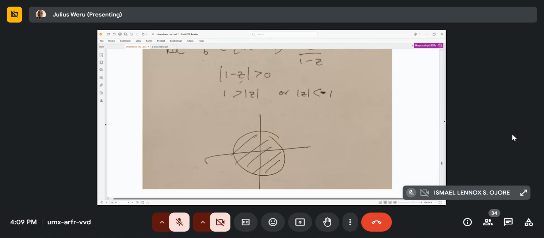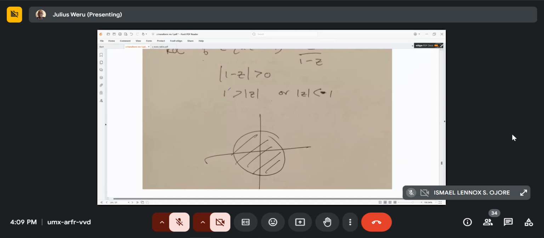So the ROC is 1 over Z bigger than 0, this one. If 1 is greater than Z, or Z is less than 1. So that's why we are finding the ROC is the interior of the circle.